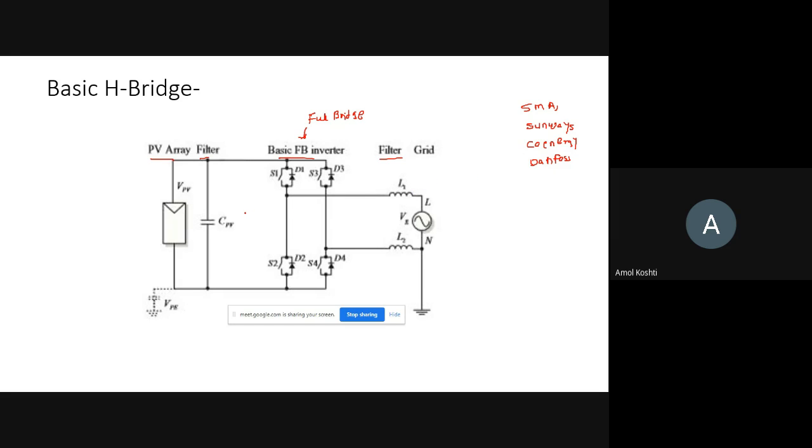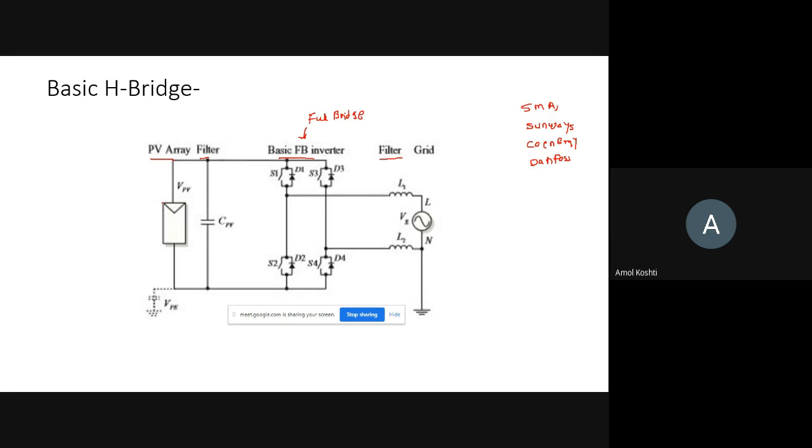If we see, the structure is very simple. It is a simple bridge. Here we have the PV array, which means a series of panels that can be connected in either series or parallel combinations. So it is a PV array system.